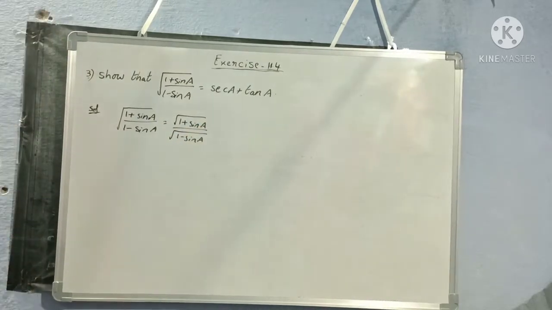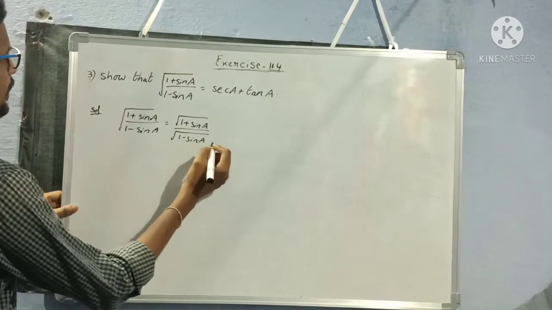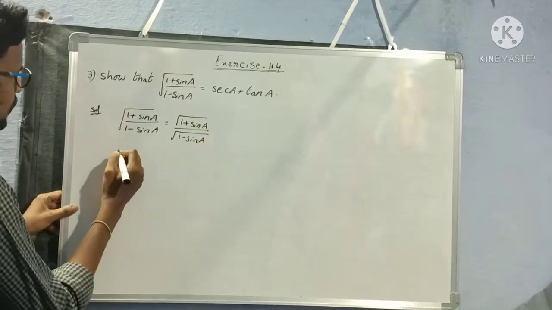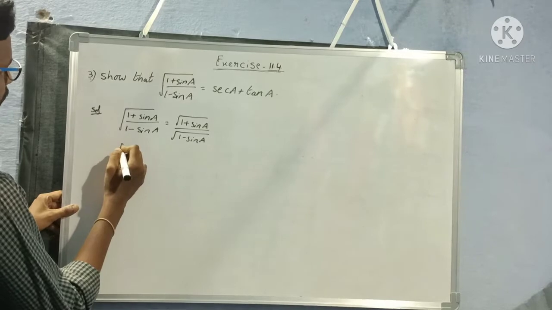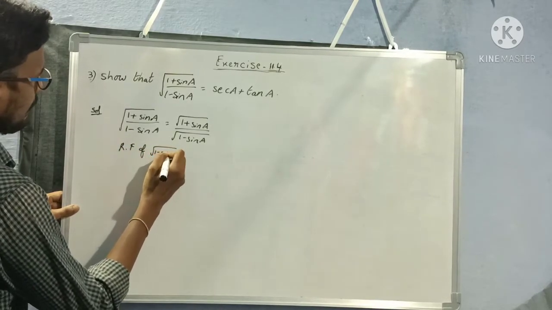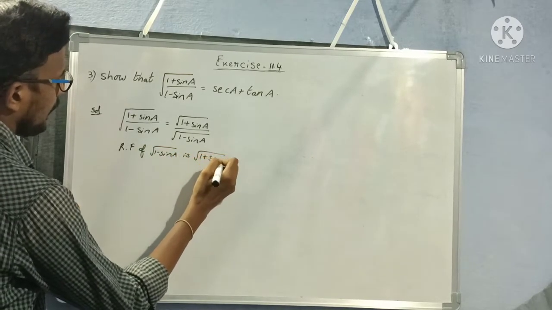Now I have to take the rationalizing factor for the denominator. What is the rationalizing factor for the denominator? The rationalizing factor of root of (1 minus sin A) is root of (1 plus sin A).